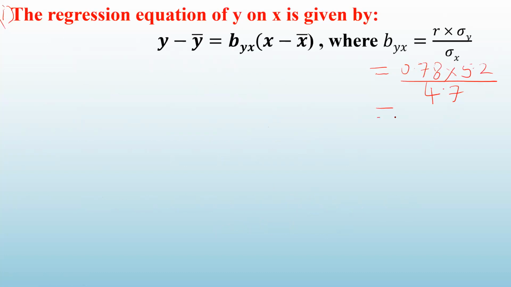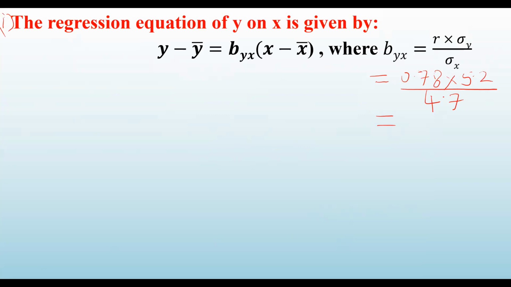Now calculate this. So we can use the calculator. Look at here. 0.78 multiplied by 5.2, divided by 4.7.